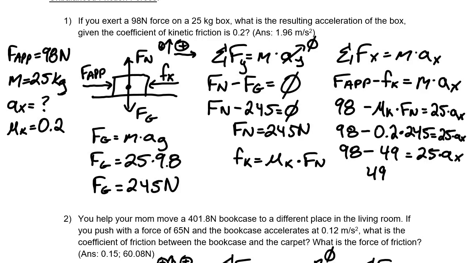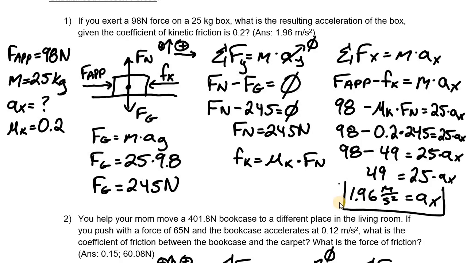I simply did the subtraction over here, and it just so happens that the answer is 49. Always remember your units, and once again, we are now done with this problem.